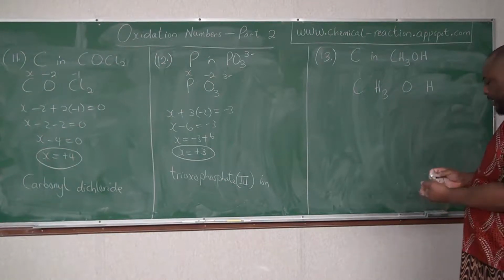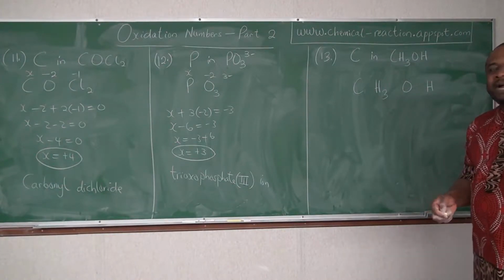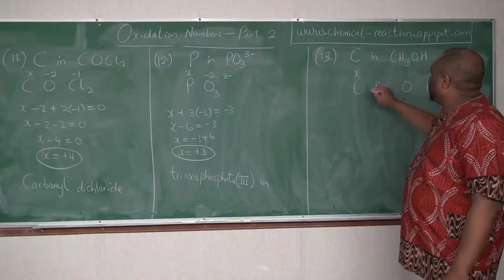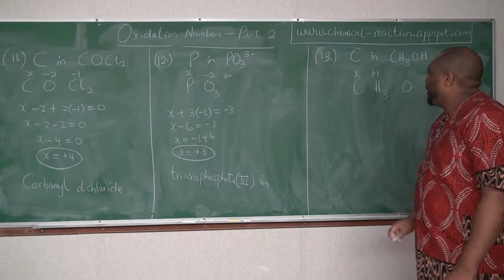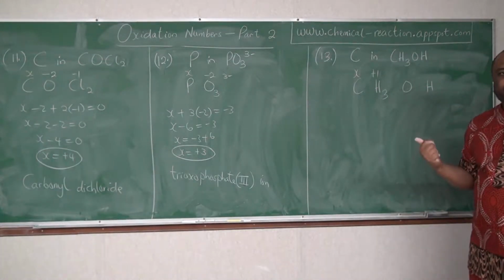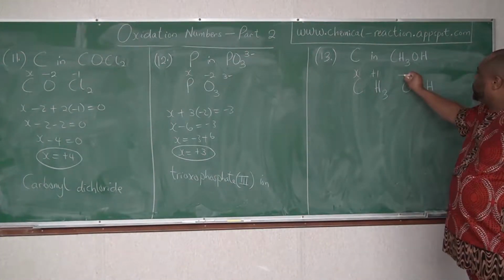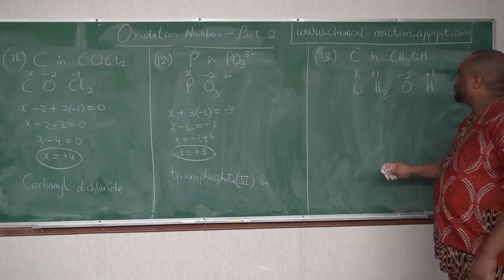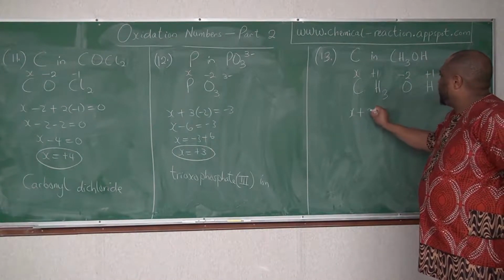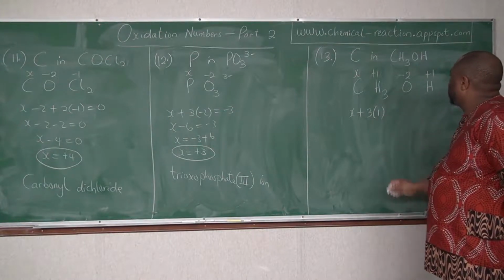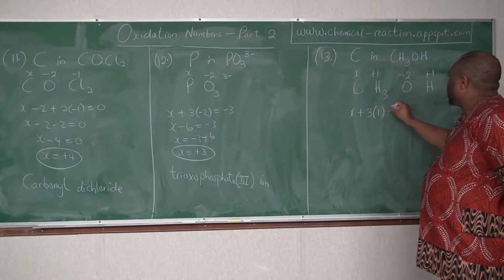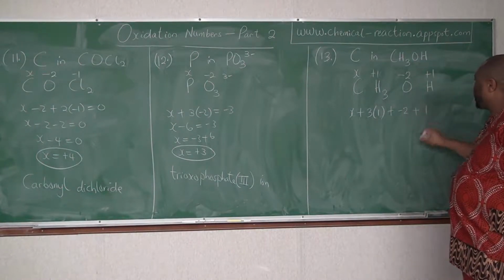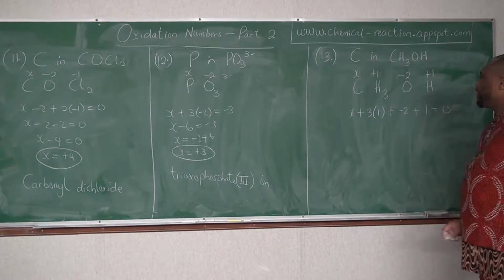So let the oxidation number of carbon in methanol be X. Hydrogen is +1, this is not a metal hydride. Oxygen is -2, hydrogen is +1. So X plus 3 times 1, plus -2, plus 1 equals 0.